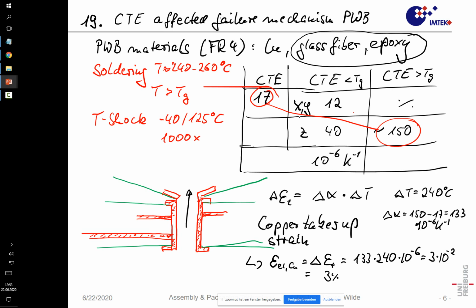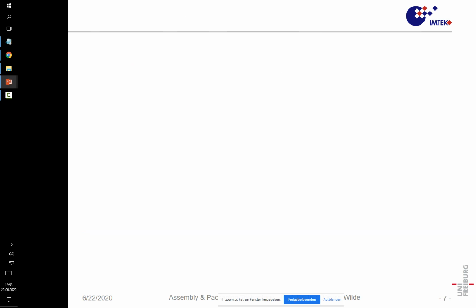It is a lot. So, what's the stress in the copper now? What's the equation? What is the stress when you know the strain? Which property do you know?